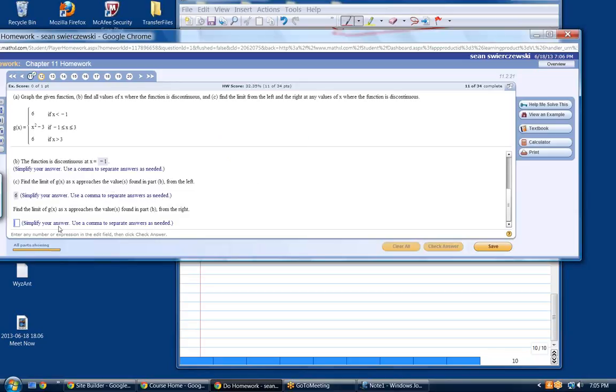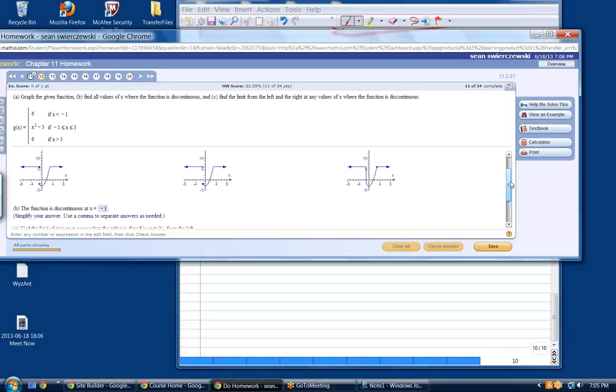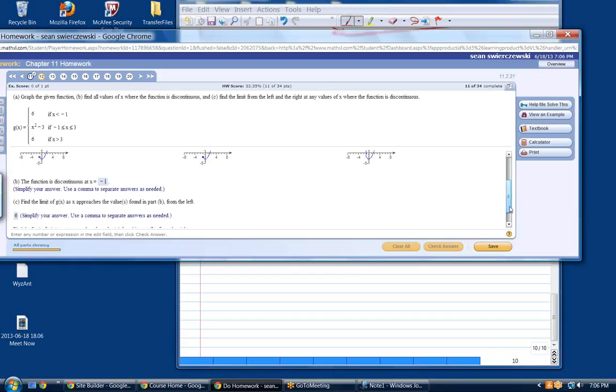Okay. And then find the limit as it approaches the value in part B from the right. So here's the -1 that we're going to approach. Since we have to approach it from the right, we have to go to the right and then come backwards at it. What am I approaching? -1. -2.